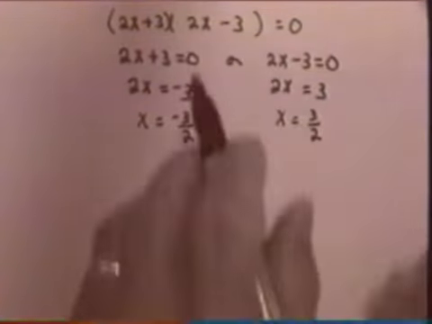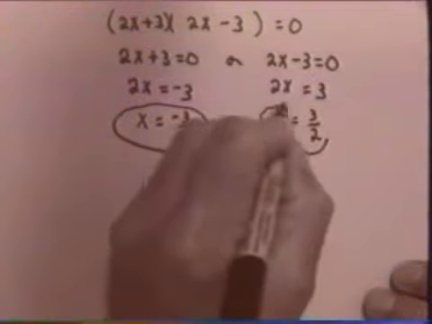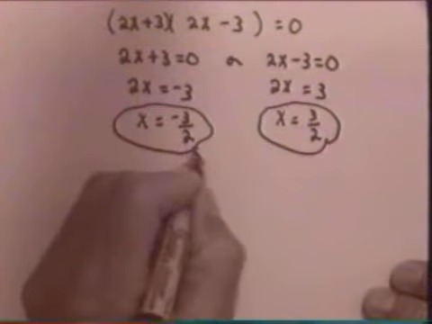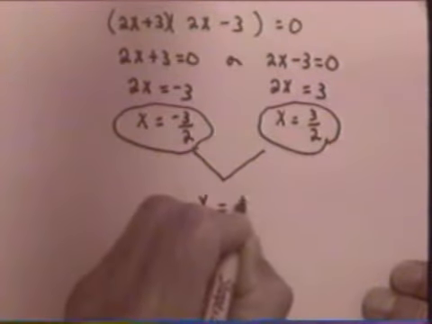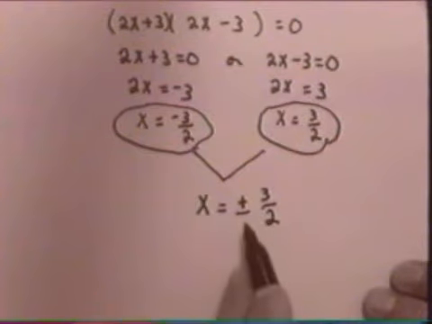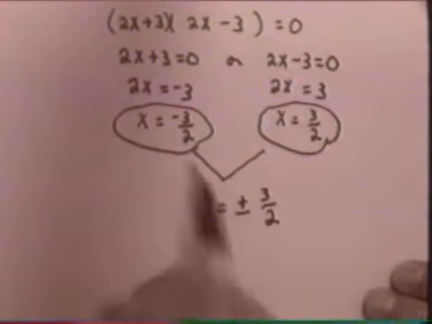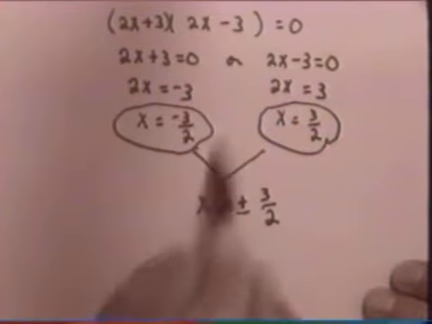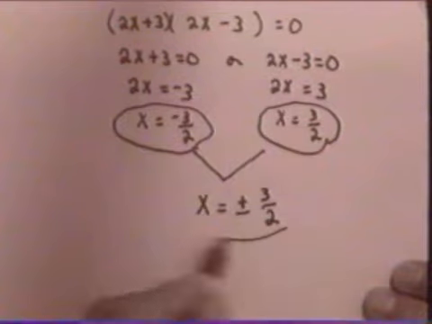So I get x is a negative 3/2, or x is a positive 3/2. Now sometimes you'll see this written as x is equal to plus or minus 3/2. So the plus or minus takes the place of both of those answers. X is a negative 3/2, or x is a positive 3/2.